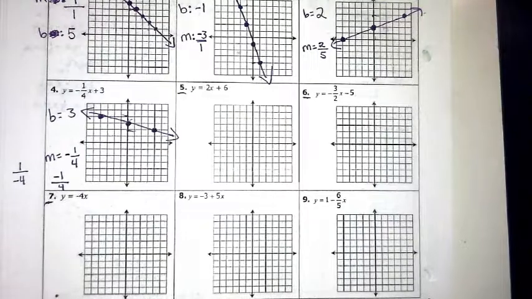So you start at -5, which is there. Then you're going to go down 3, run 2. Well, I can't go down 3, I'm off the graph, right? So I do the opposite. I go up 3 over 2. Up 3 over 2. You work in the opposite.